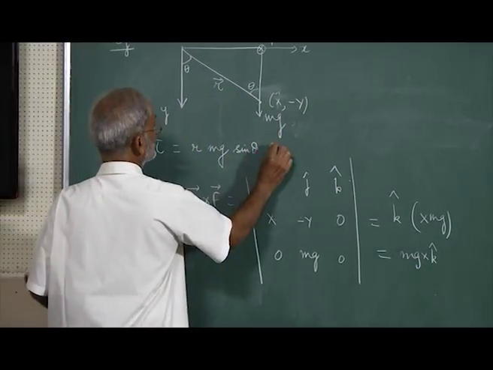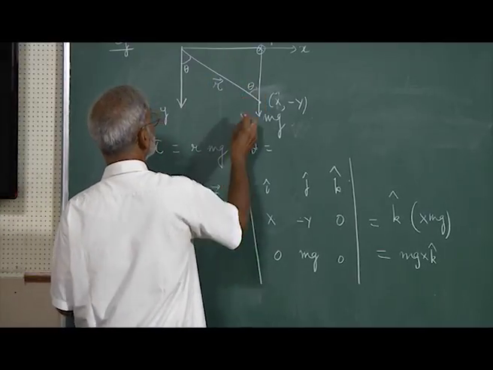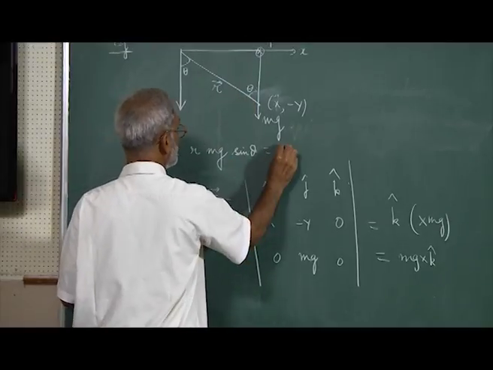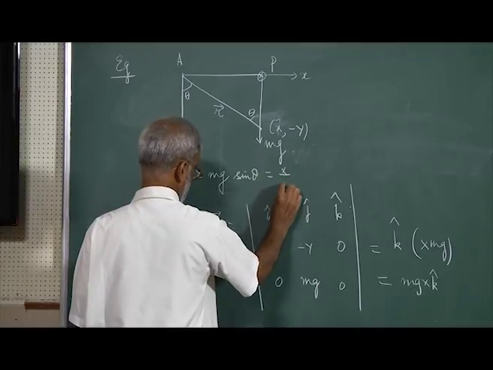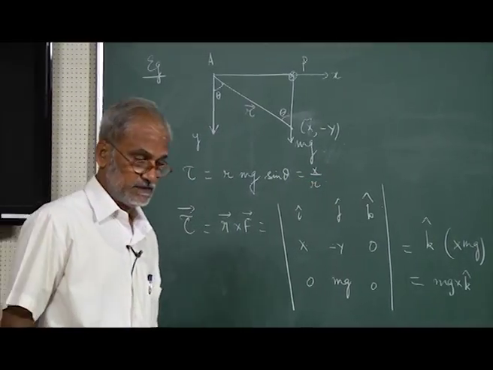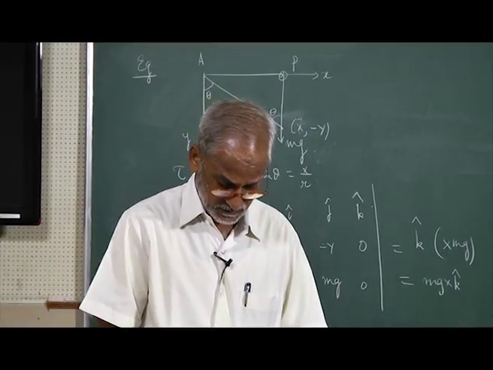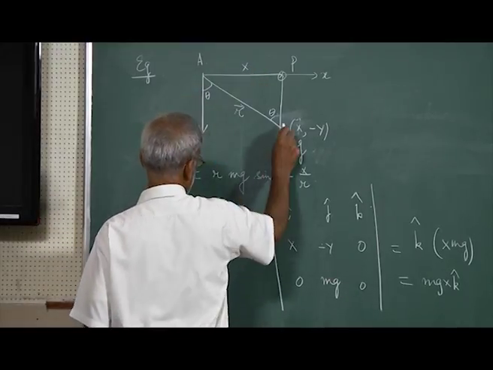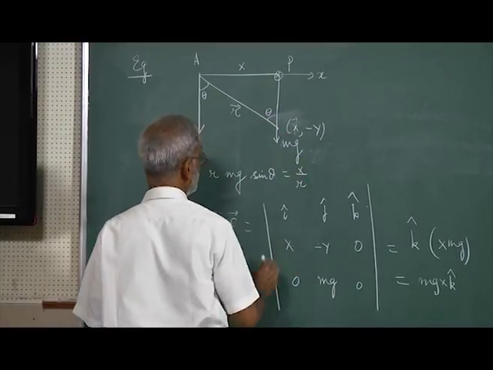What is sin theta, sir? This is theta here, sin theta is opposite over adjacent, therefore this is x by r. So this x, the opposite, over this radius gives you sin theta.